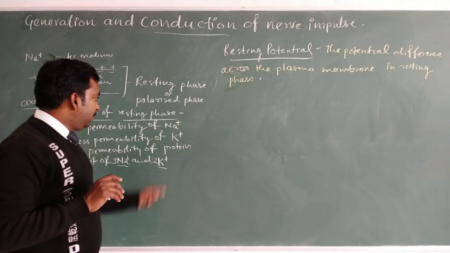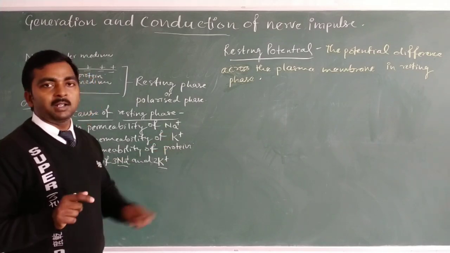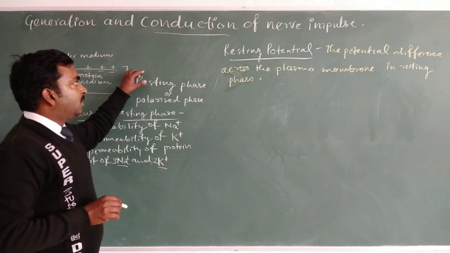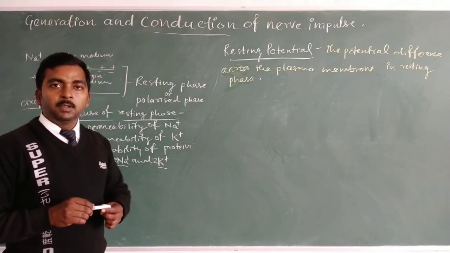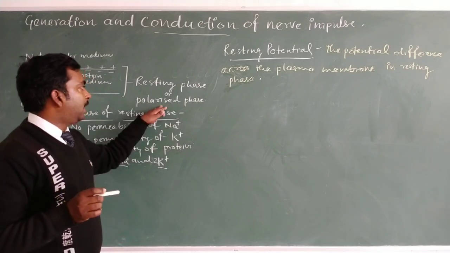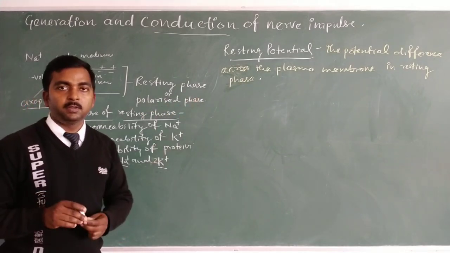So there are three: sodium ion, potassium ion, and negatively charged protein ion, which are responsible for the resting potential or resting phase of the neuron. This is the polarized phase or polarized state.